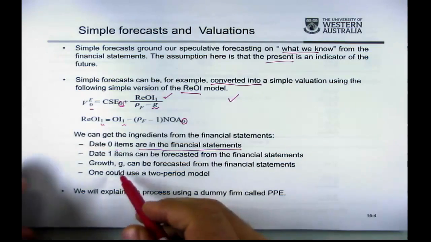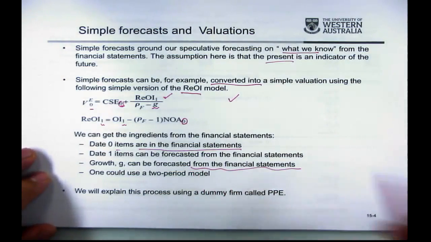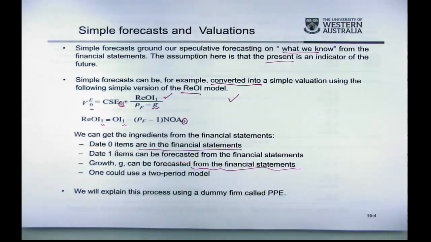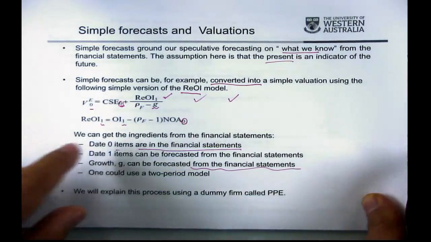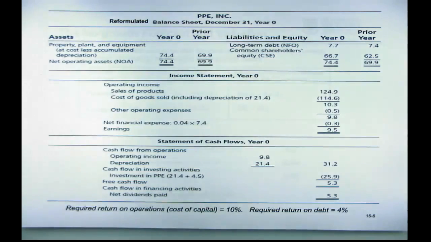The growth rate also can be forecasted from the financial statements. We can use, for example, the growth rate in the net operating assets over the past few years, or the growth rate of sales. Of course, we can use a two-period model, but this simple model is a summary, because we assume that the growth rate will be an average growth rate for all future sub-periods.